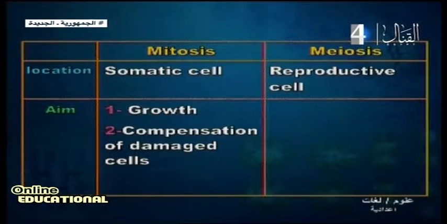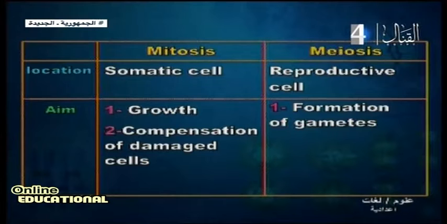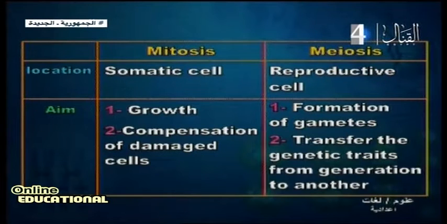But in the case of meiosis division that happens in reproductive cells, the importance is formation of male and female gametes, and also transfer of genetic traits from one generation to another. So, meiosis is the formation of gametes to perform reproduction and transfer genetic traits from generation to generation.